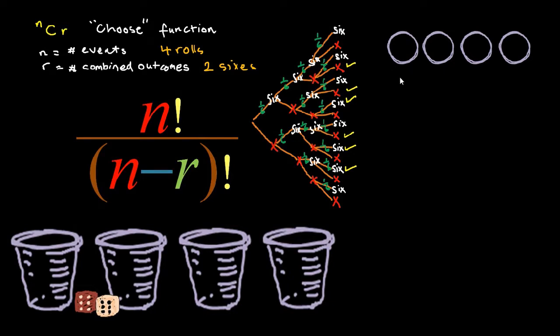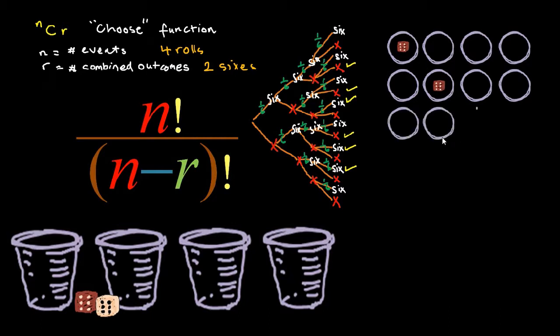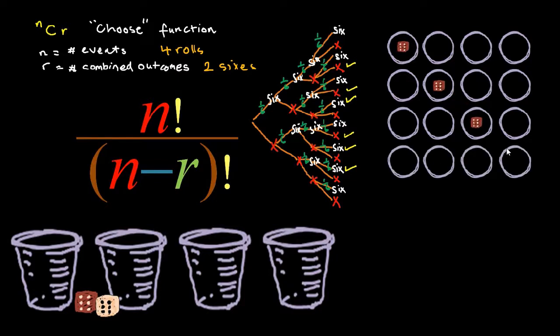So first of all, we can see very clearly that if we try and position the red dice into these cups, there are 4 positions that it can come up in. So if I look at the 3rd row here, I've got the 3rd position, and I've got another possibility where it could come up in the 4th position. So there we go, 4 positions then for the red dice.